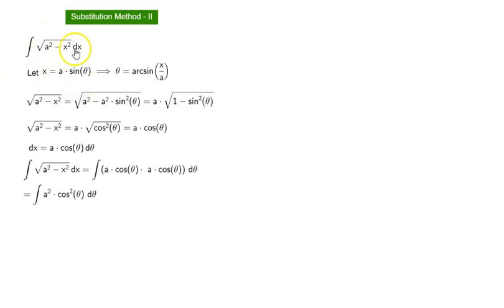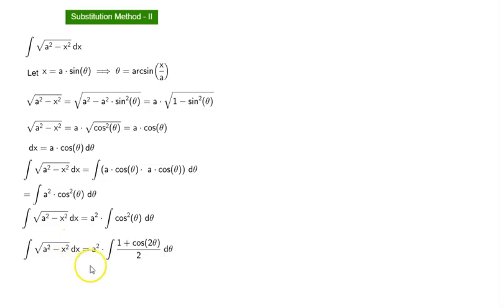Integral square root of a square minus x square dx is equal to, after substitution, square root of a square minus x square is a cos theta, dx is a cos theta d theta. So we have ended up with integral of a square cos square theta d theta.